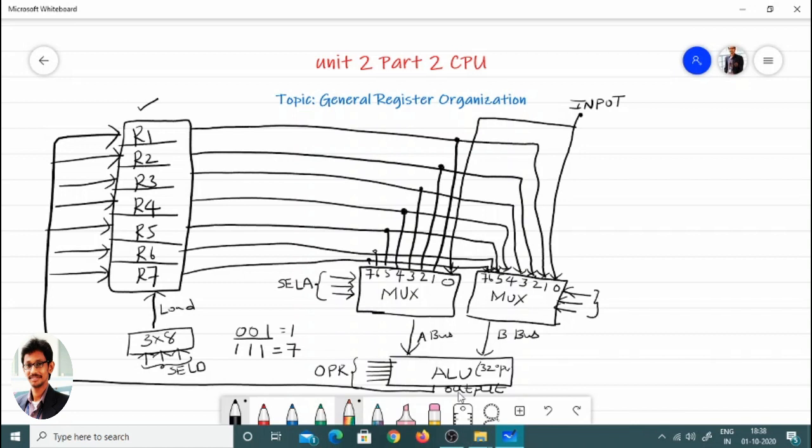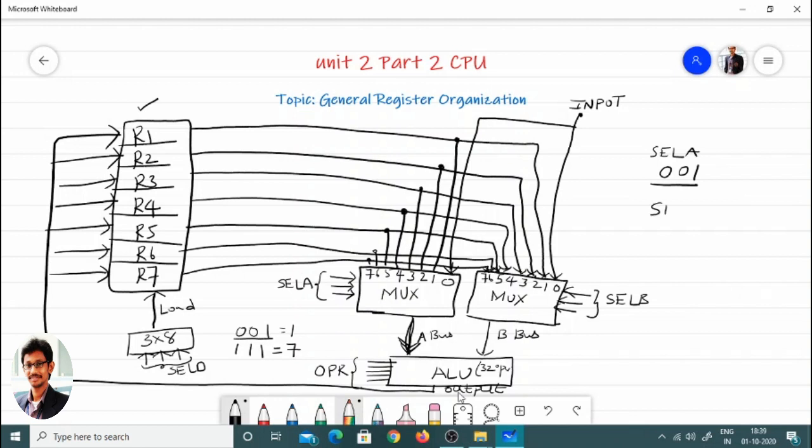Now these 3 are denoted by selection B, SELB, right? So what does it mean? If SELA is 0, 0, 1, what happens? The content of R1 will be put on to the A bus, right?